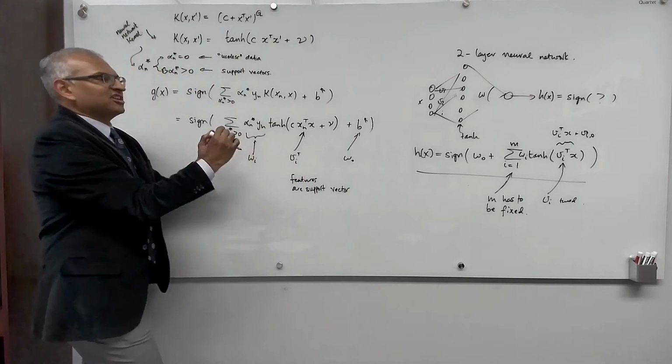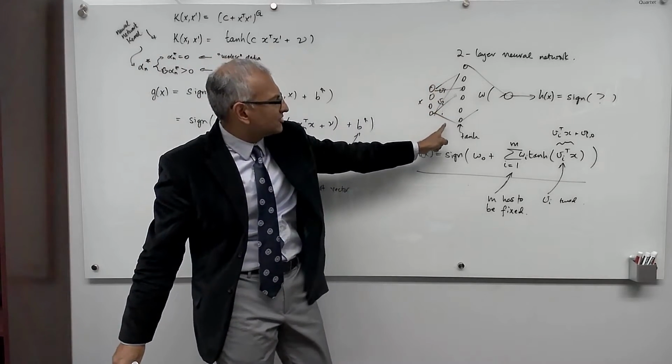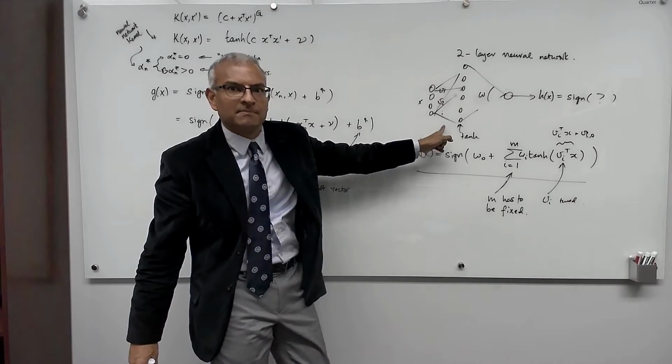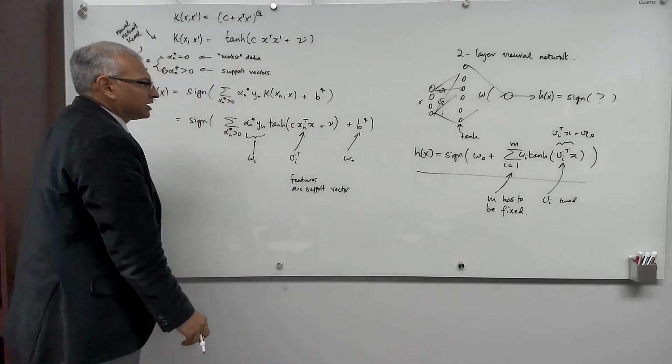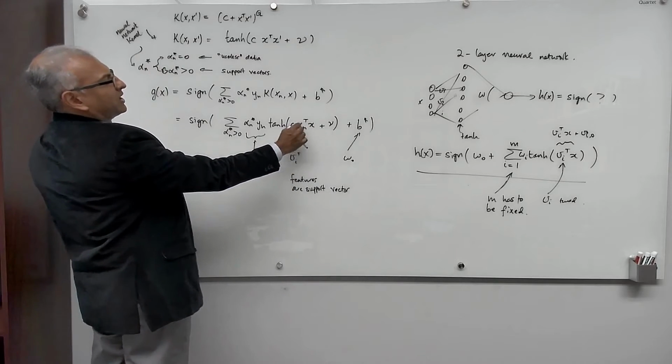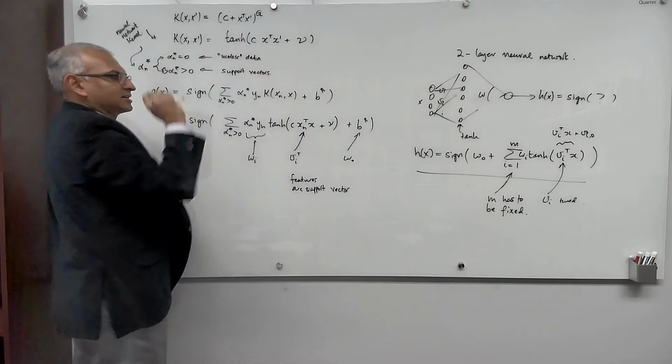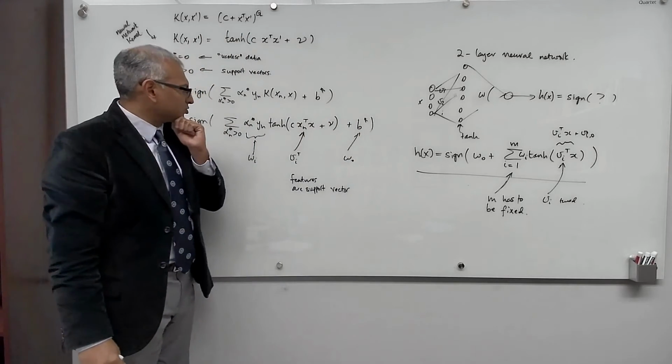The features in the first layer. So these weights in the first layer are support vectors. Very interesting. In some sense, you're computing the similarity between your X and a support vector, but that turns out to be just the dot product, and then you take the tanh because that's the kernel, and that's what simulates the neural network.